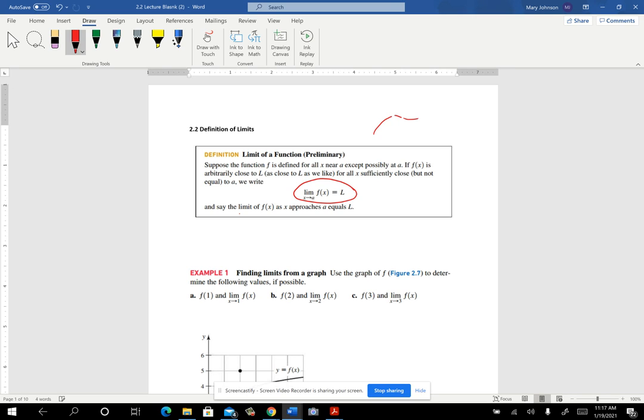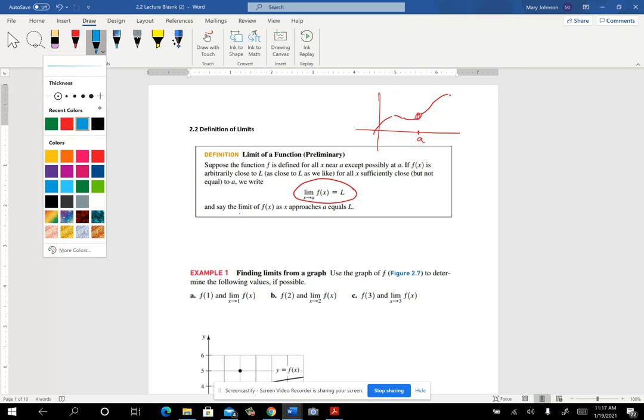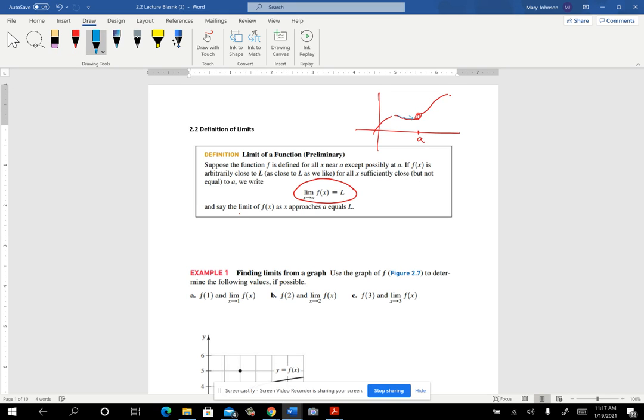So you could have a situation like this, where you have maybe a function that looks something like that. And so if this was our a value right here, the function may not be defined at a, but as you run along the function from the left, or if you run along the function from the right, it's approaching the same value. So the limit can still exist, even if the function is not defined right there.